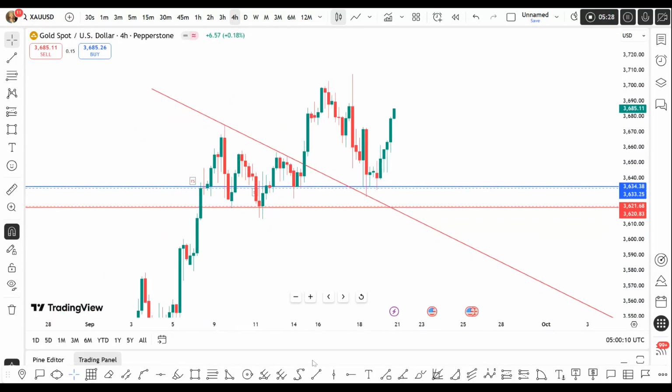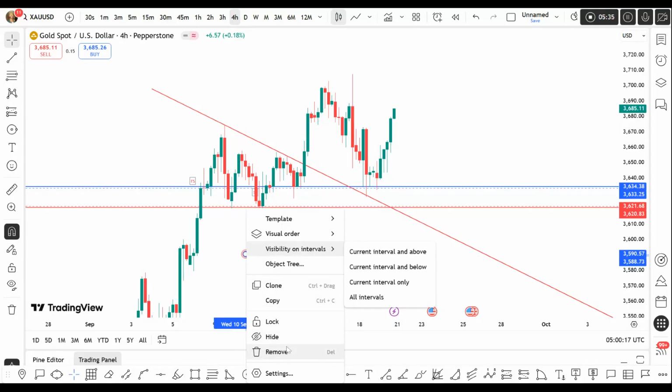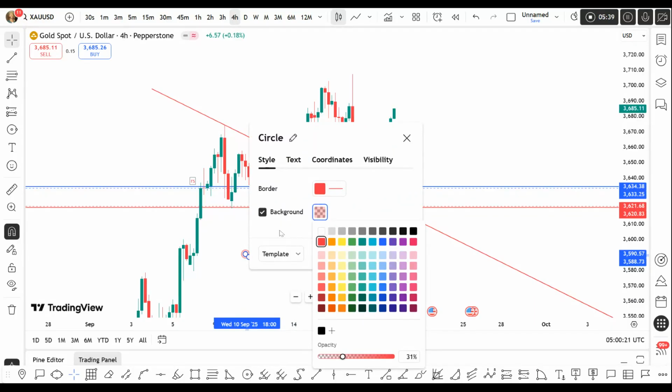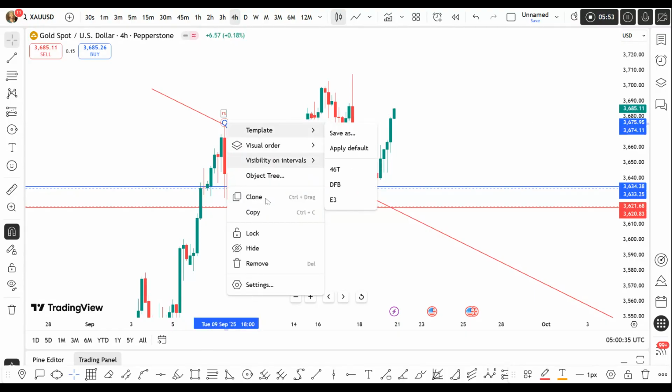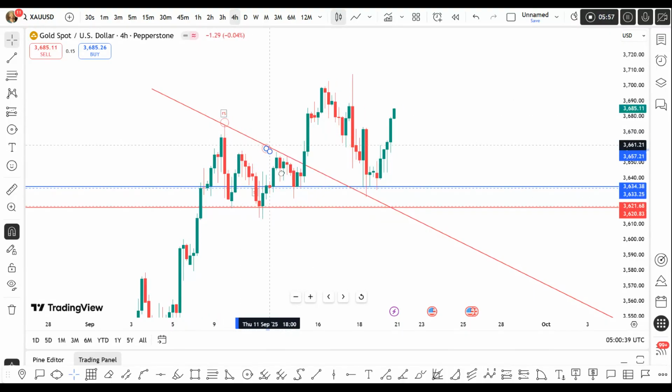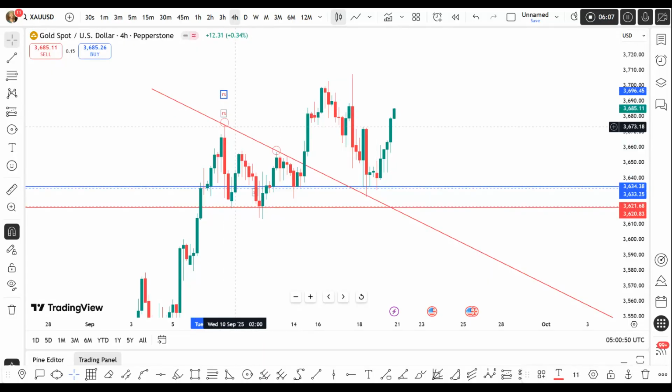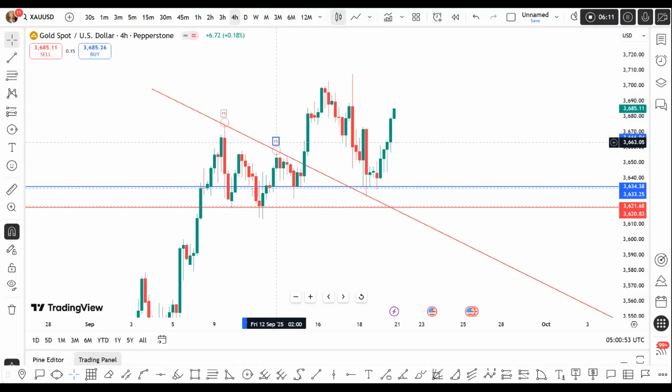So we have three touches of ours. RS1, RS2, RS3.